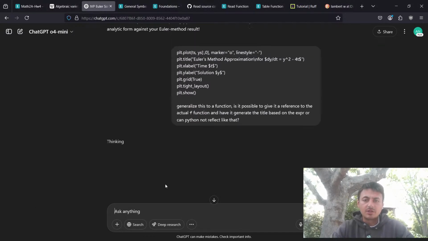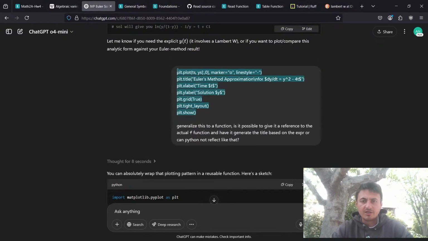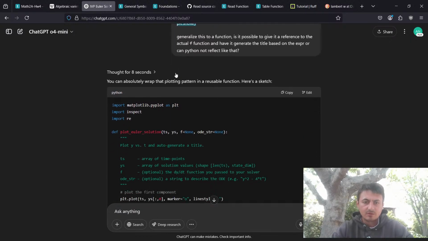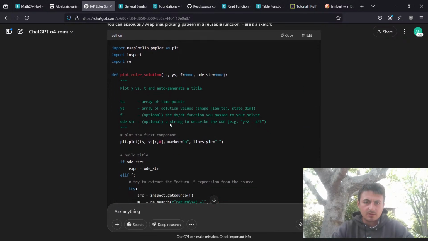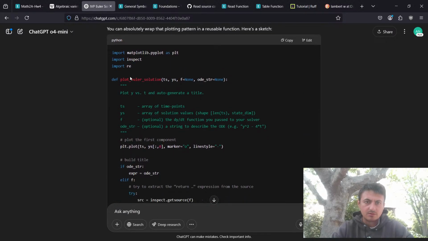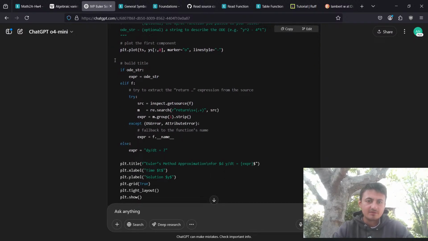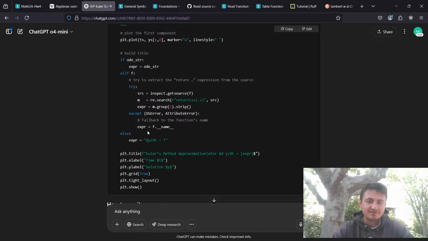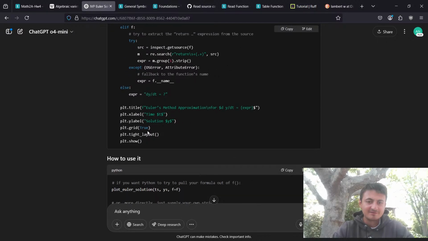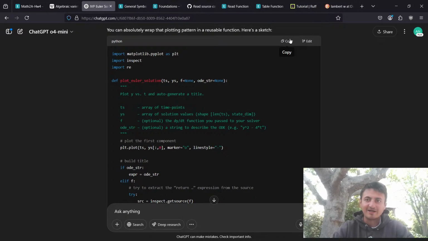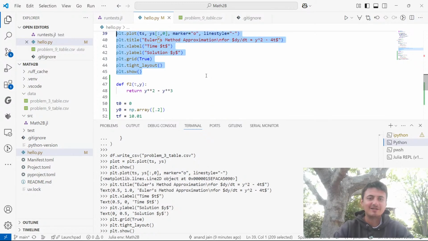All right, so what we are trying to do now is we're trying to make this plotting function. Inspect. I've never seen that before. Oh, that's so sick, actually. Wait, I actually really want to look at this. That's so cool. I didn't know about that.